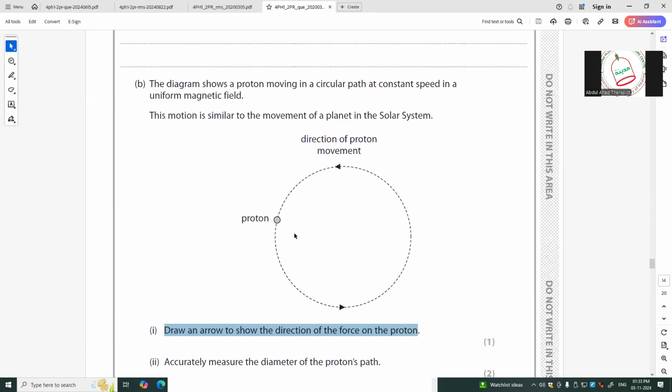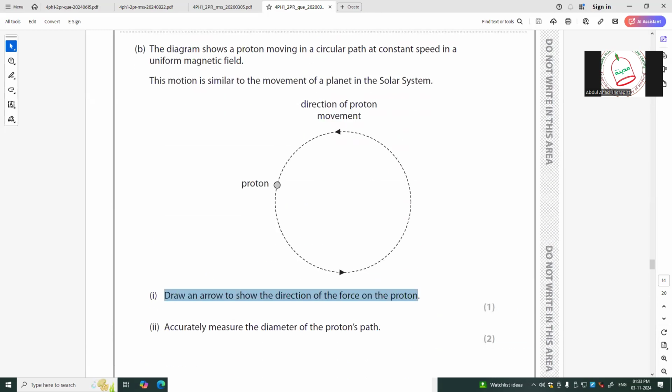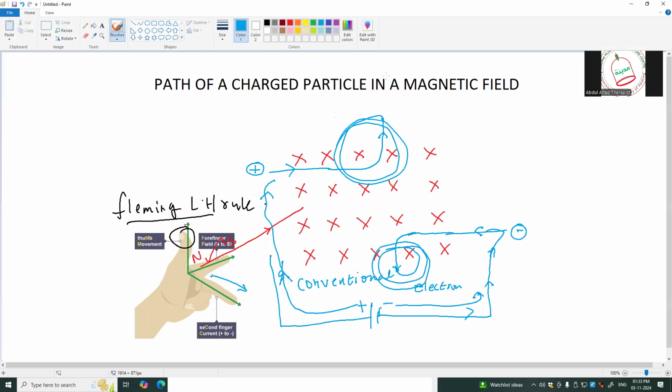So this is a second question I just wanted to discuss. So coming back to our diagram here, you have to remember that when any particle, let's say it is a positive charge or negative charge, enters into the magnetic field, it experiences a force based on Fleming's left hand rule.